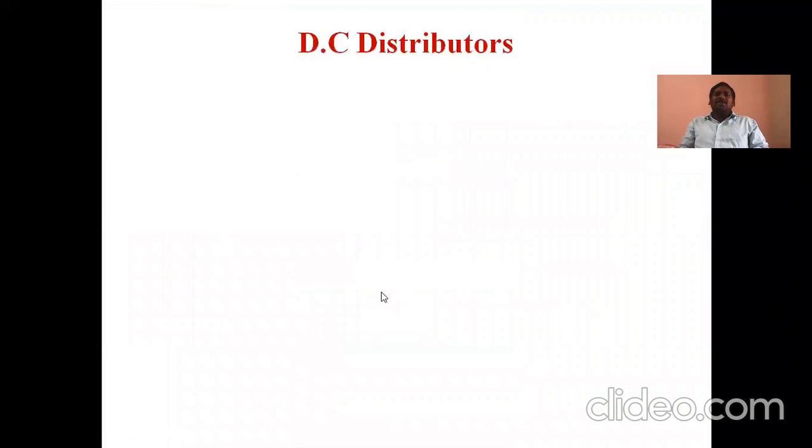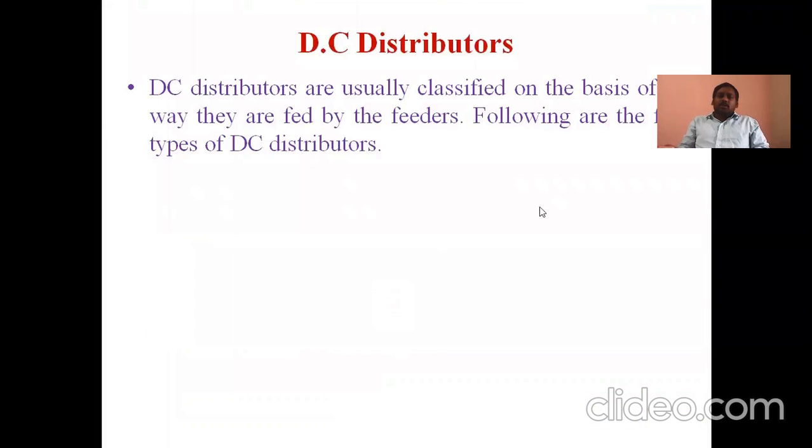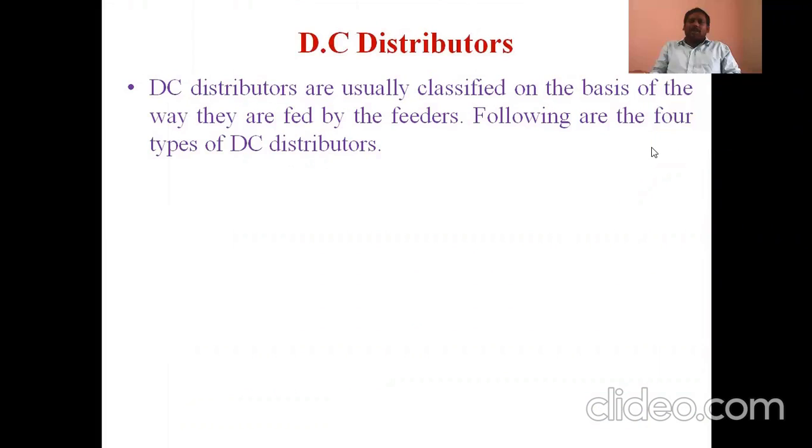In DC distributors, the classification is made on the basis of the way of connection of the distributor to the feeders.